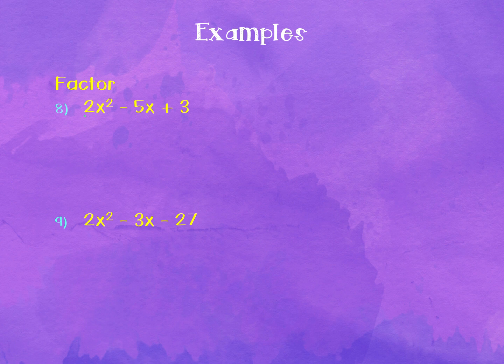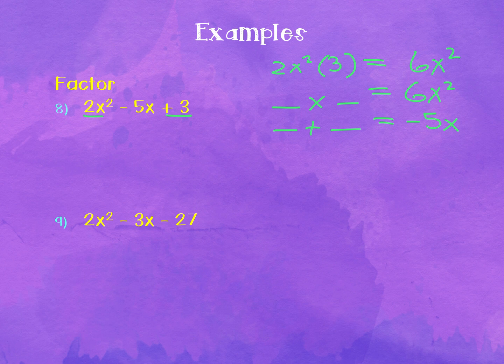So I'm going to go ahead and multiply the first and the last term. 2x squared times 3 will give me 6x squared. So I'm looking for two numbers that multiply to give me 6x squared, but who will add to give me negative 5x. So I will start listing my factors.